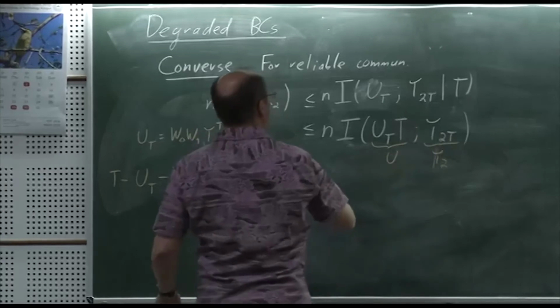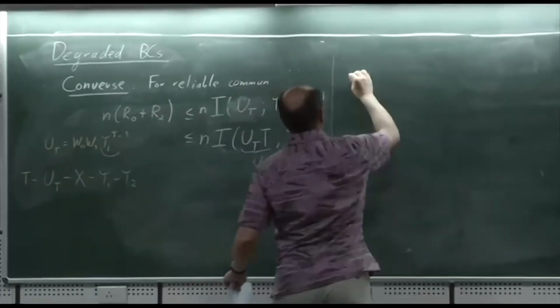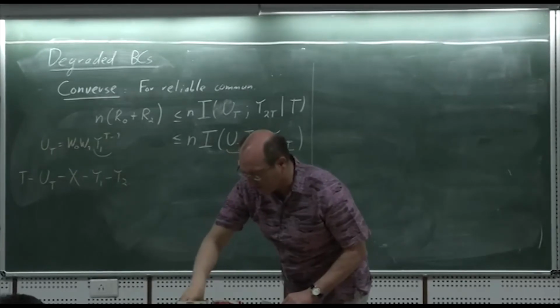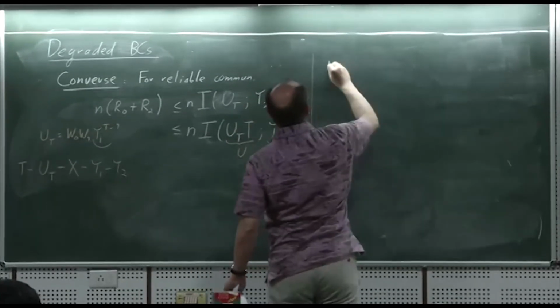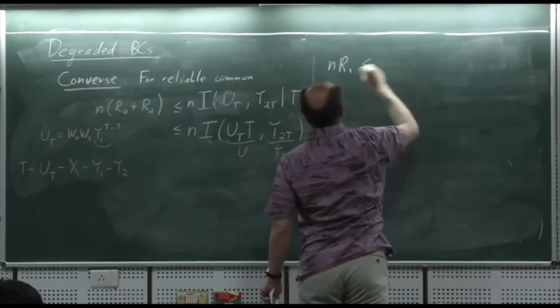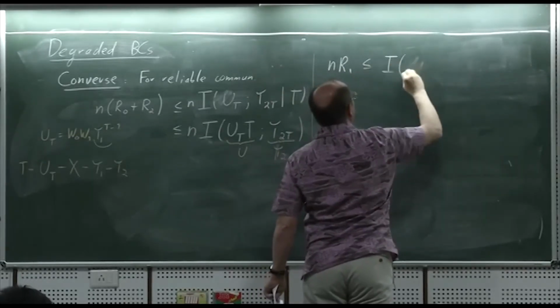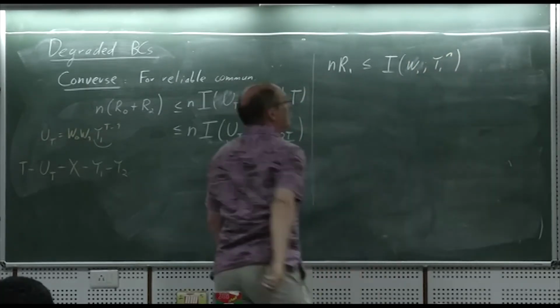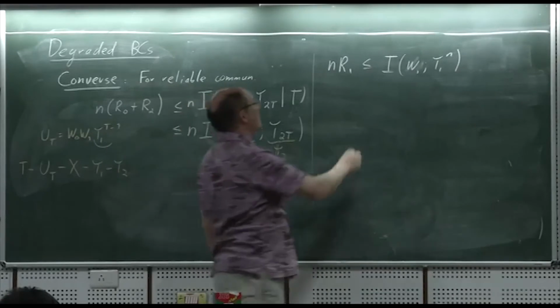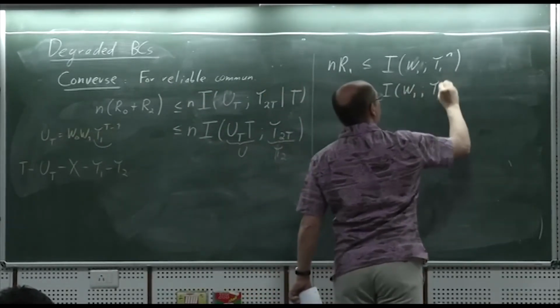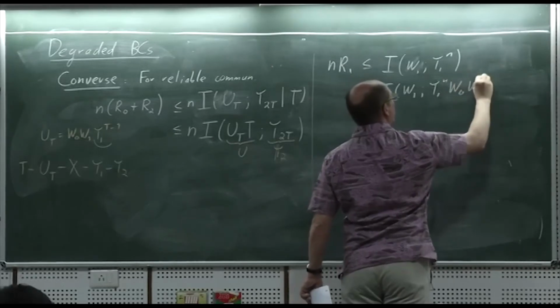The n r1, for reliable communications, is less than I of w1 and y1n. Now that's going to be less than or equal to I of w1, y1n, w0, w2.